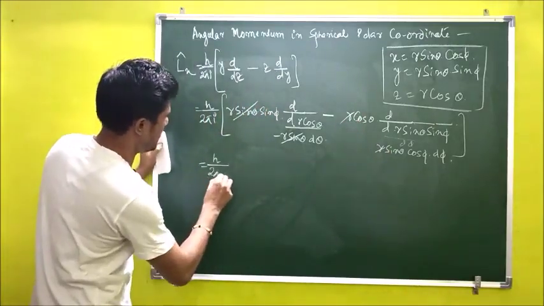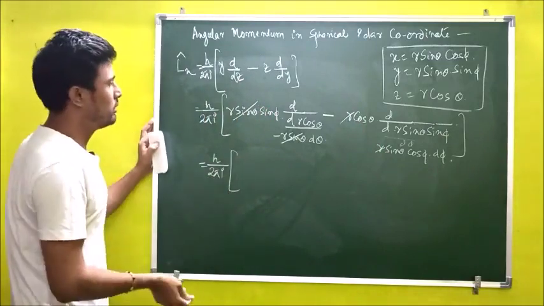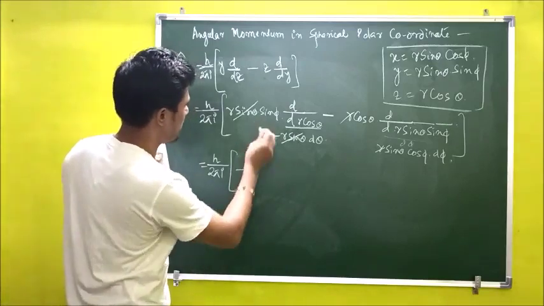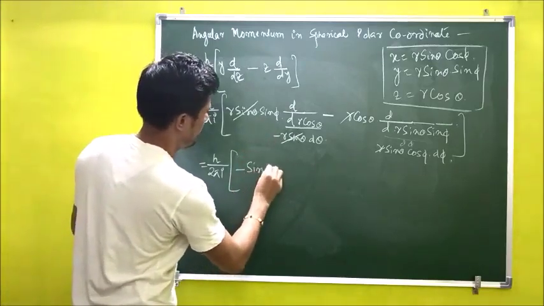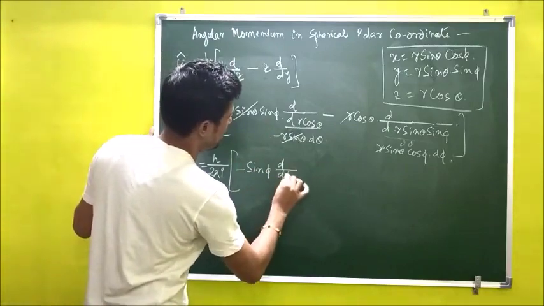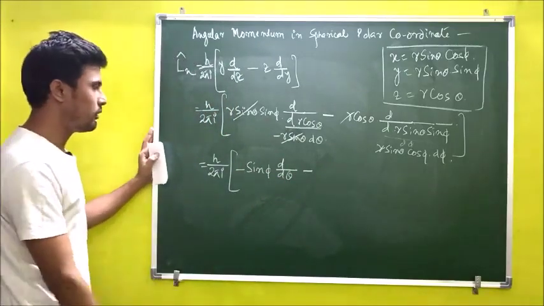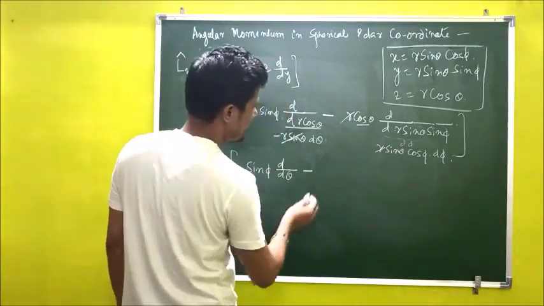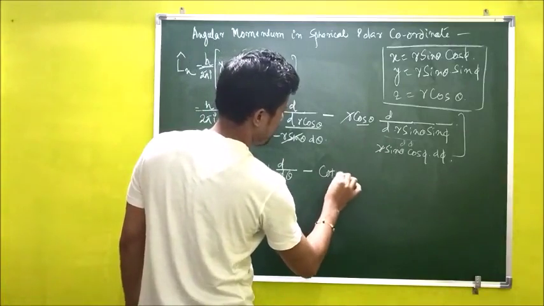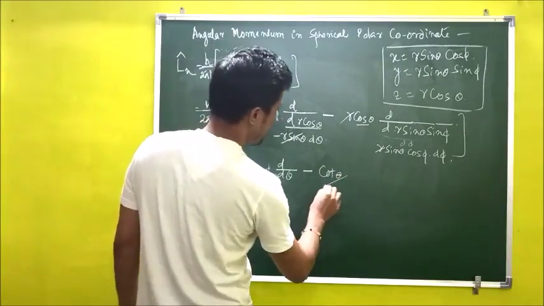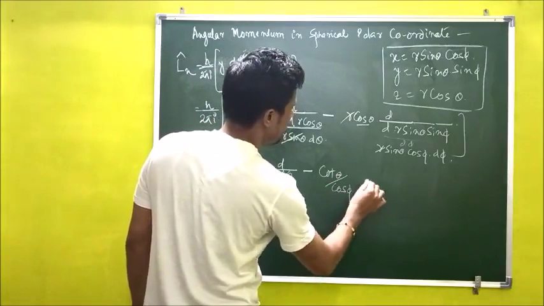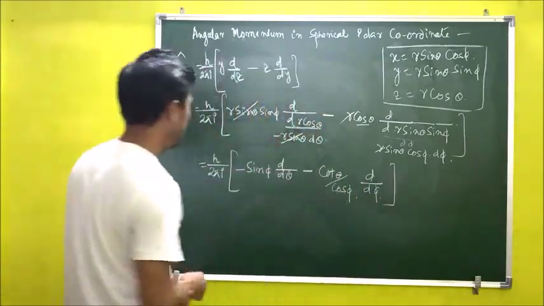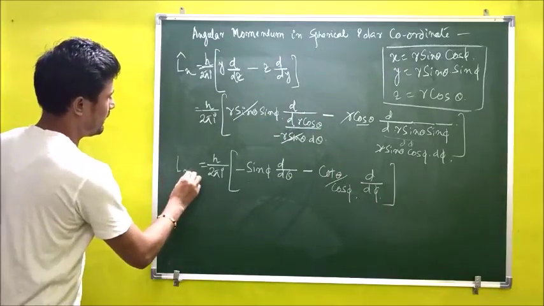So h, here we will have minus of sine of phi d of d theta, and here we will have cos theta divided by sine theta, it will have cot of theta, and divided by cos of phi d of d phi. Okay, this is the Lx.